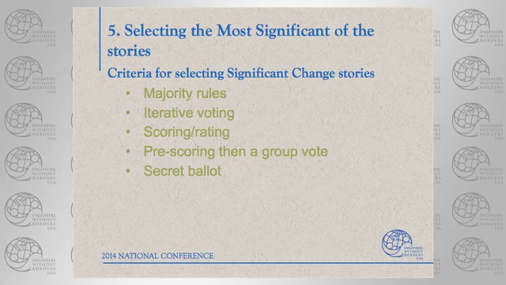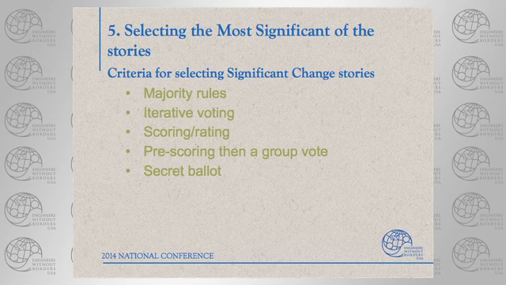So there's lots of different ways you can work with a community to set the criteria. Majority rules is one. You can have iterative voting. Let's vote this way: which one do you think is the most significant in this domain? Which one do you think is the most significant in that domain? You can tally up those scores.